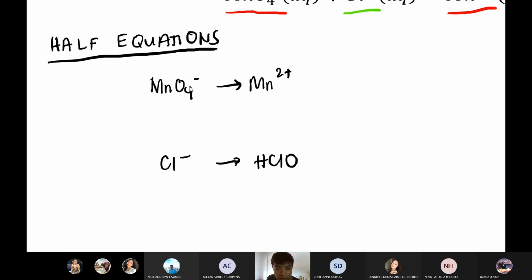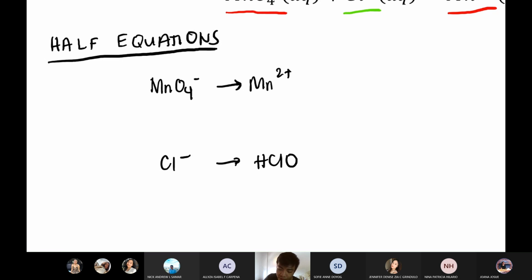How about oxygen? Ito. 4 yung oxygen dito. On the right side, wala kang oxygen. Ano sabi ko kanina? When balancing oxygen, you add water. How many water? Kung ilan yung oxygen sa other side. 4 dito. Ibig sabihin, dapat 4 sa kabila. Okay?